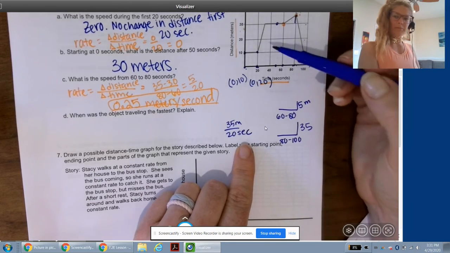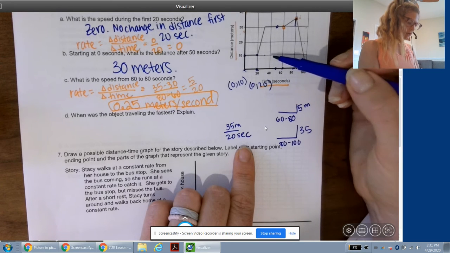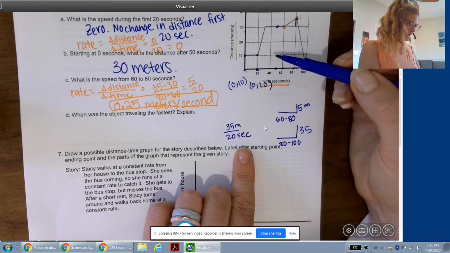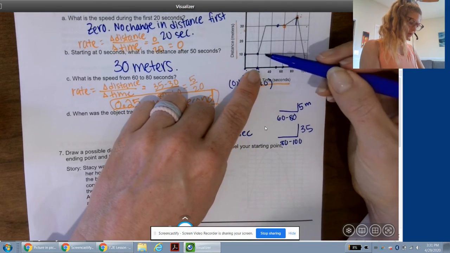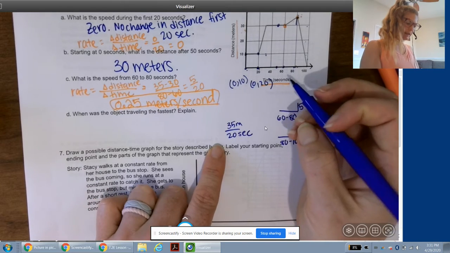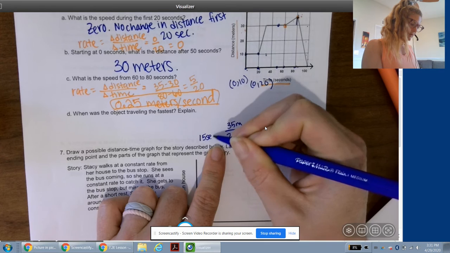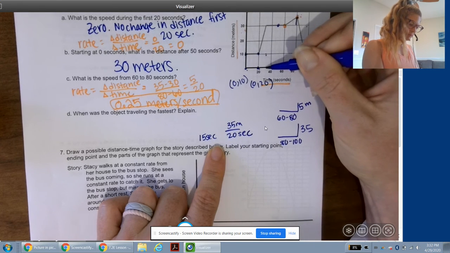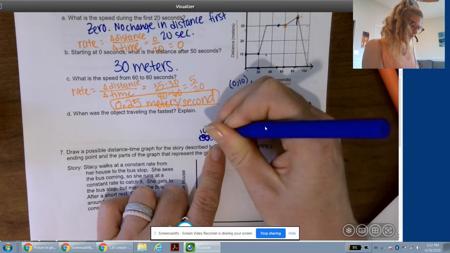The only other slope we haven't calculated yet is from 20 to 35. And it looks like from 20 to 35 seconds is going to be 15 seconds. I guess it'd be 20 to 30 because it's halfway. So that's 10 seconds.